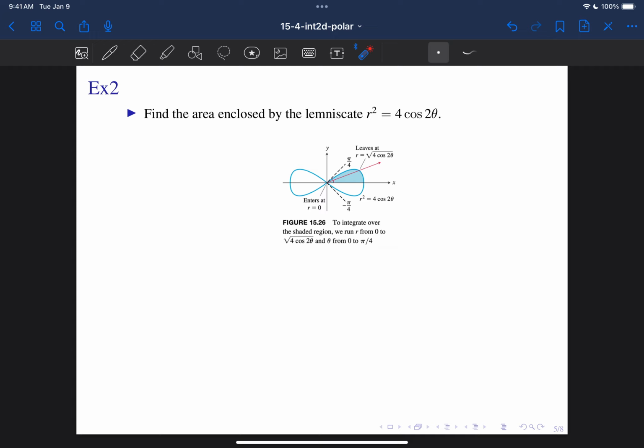So we focus on the shaded part. The area is the double integral over the shaded region of 1 r dr d theta. Now we need to know the upper and lower limits of the running variable r, and the upper and lower limits for the theta variable.